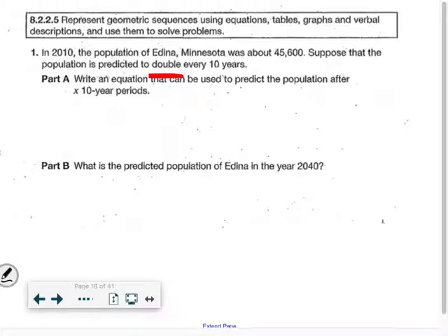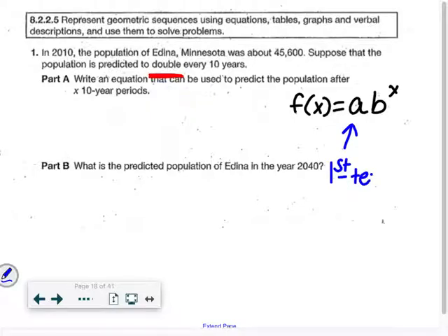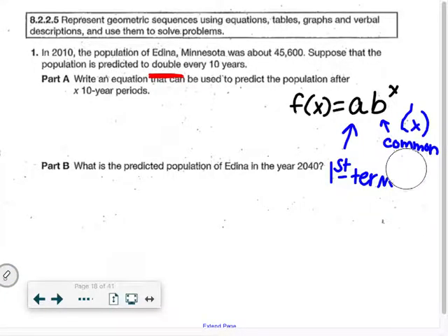So geometric sequences have this general form, f of x equals a times b to the power of x. Remember that a is the first term, or starting value, and b is the common ratio, or what it's multiplied by each time.